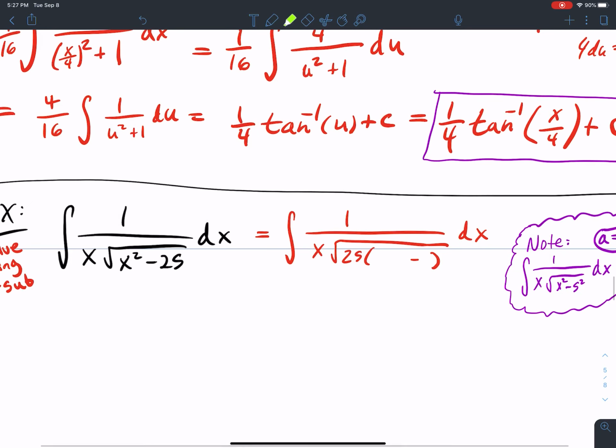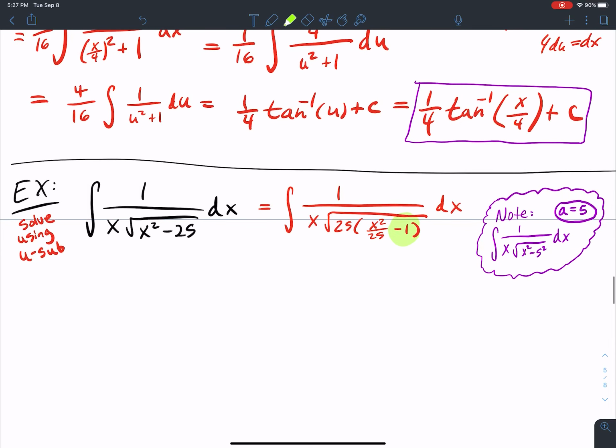And so whenever I factor out the 25 from x squared, I have x squared over 25, and I factor out a 25 out of 25, that's just the 1 that I desire, okay? And so now I have 25 times this x squared over 25 minus 1. Well, guess what? The square root of 25 is 5, so I pull the 5 outside to make it 5x.